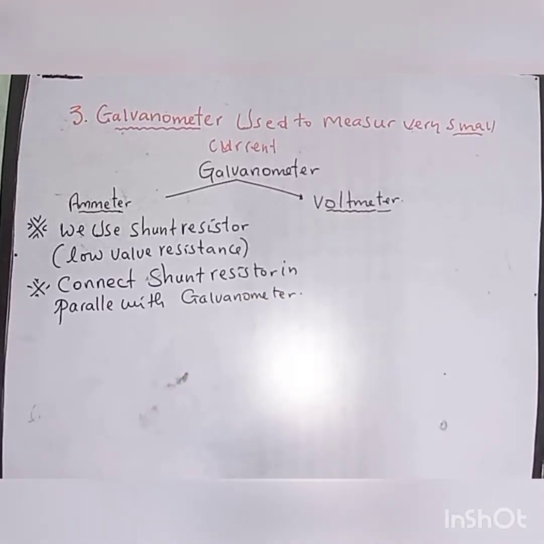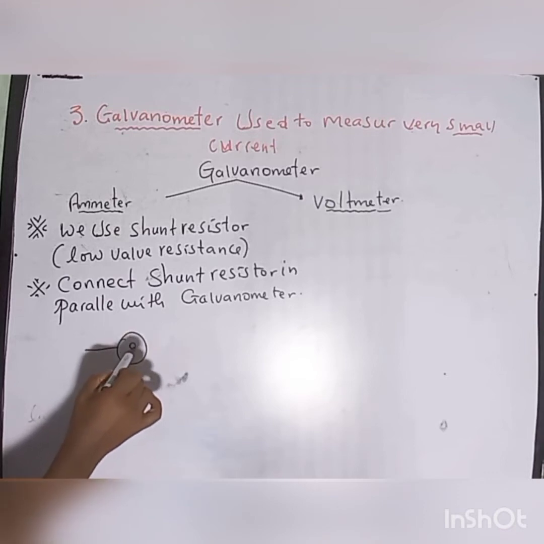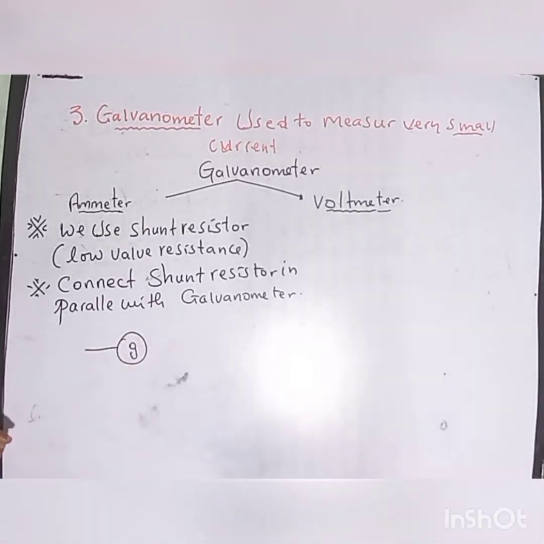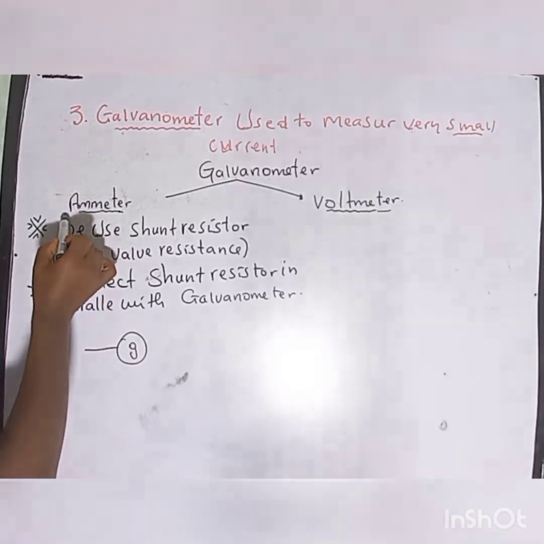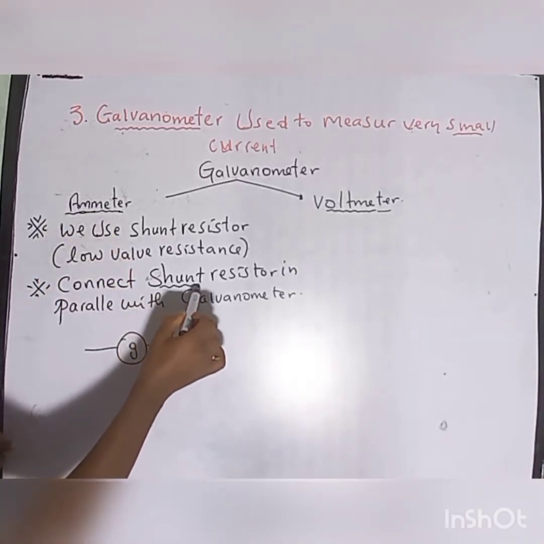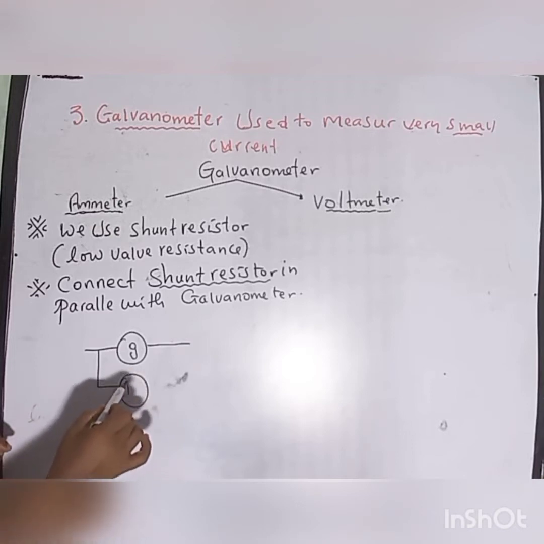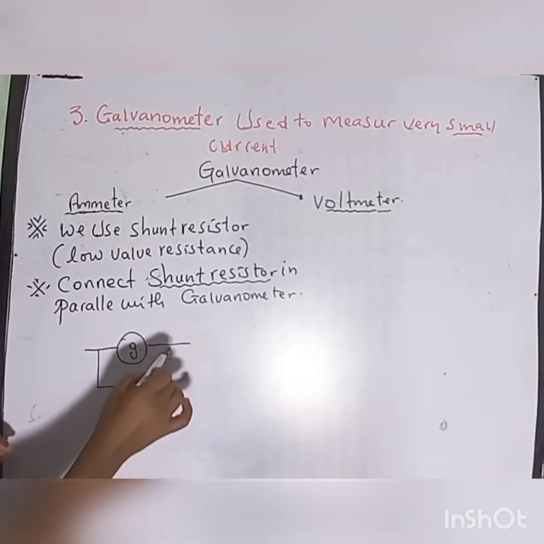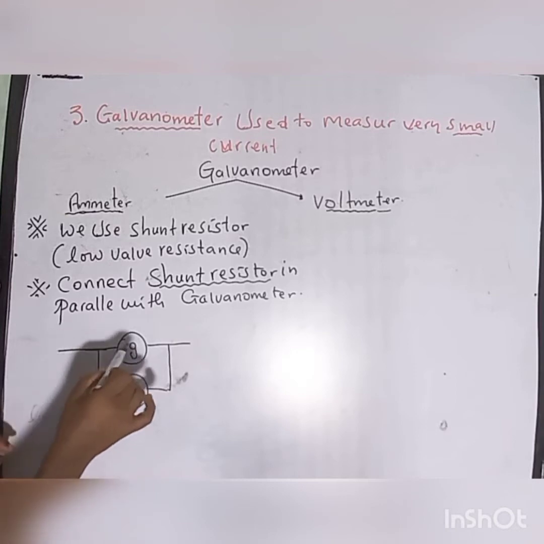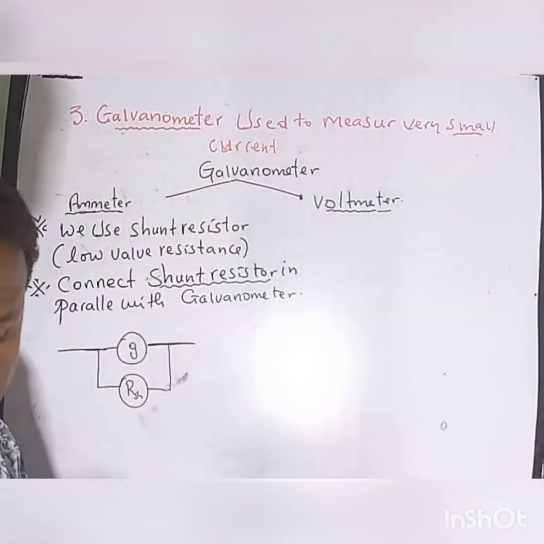Hence, there is a galvanometer. To use this galvanometer as an ammeter, we are using a shunt resistor, a low value resistor, in parallel with the galvanometer. Such an arrangement is a galvanometer as an ammeter.